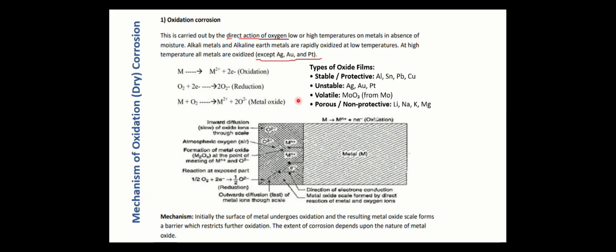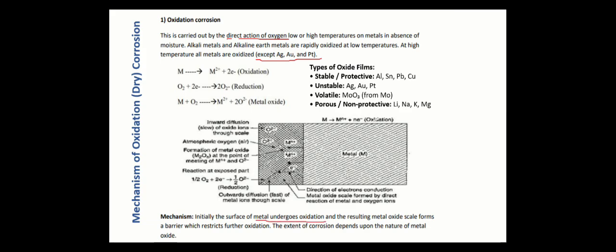Now, whether corrosion continues or stops depends entirely on the nature of this oxide film. So, the nature of the oxide films are: stable, protective film; unstable film; volatile oxide film; porous or non-protective film. Let's get into the topics.